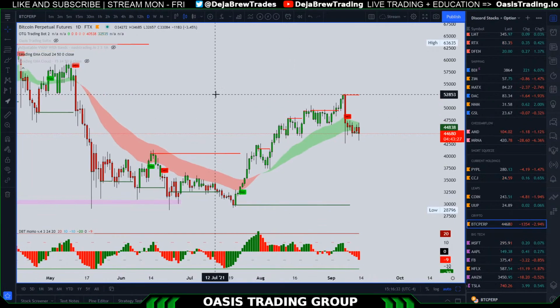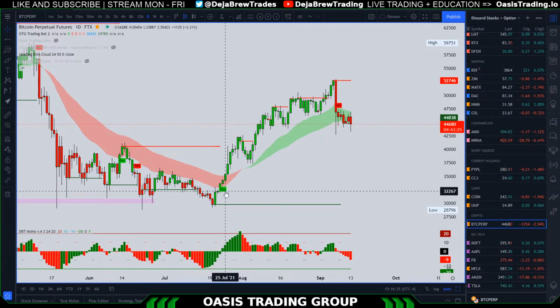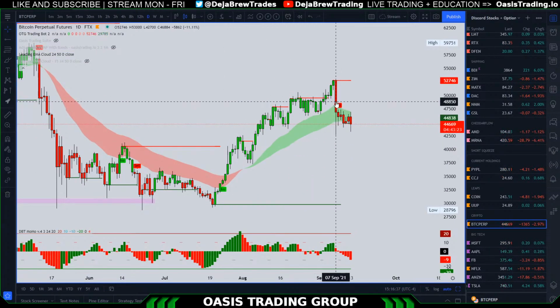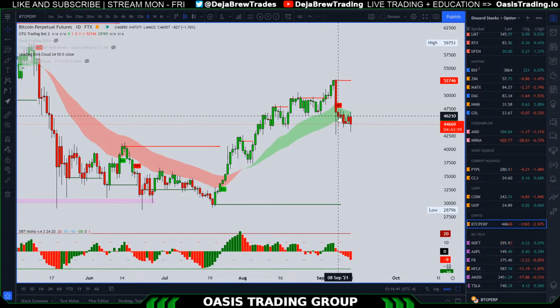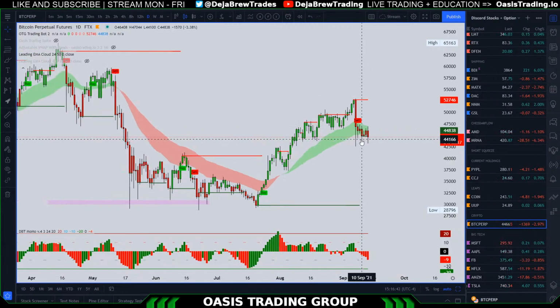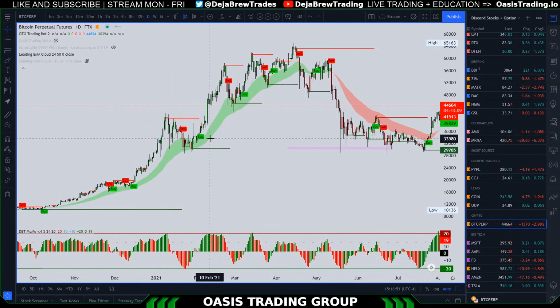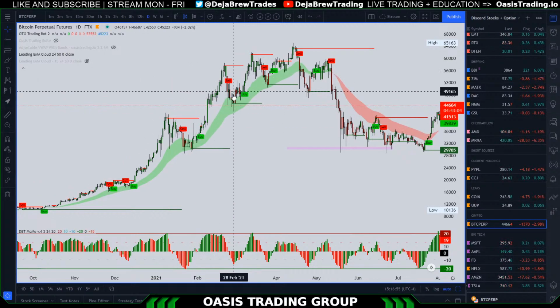So if we go to our bot here, the bot has actually shifted into a sell way back here on September 8th. And I was telling people on stream and in Discord that it was hard to tell if this sell was going to be one of those sells where you just close your long and then wait for the next buy signal, then re-long it.